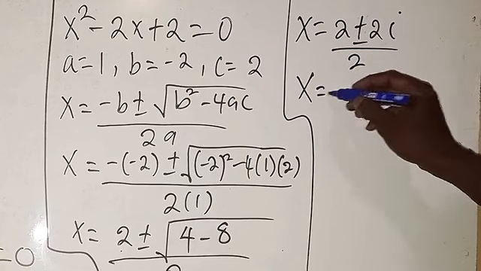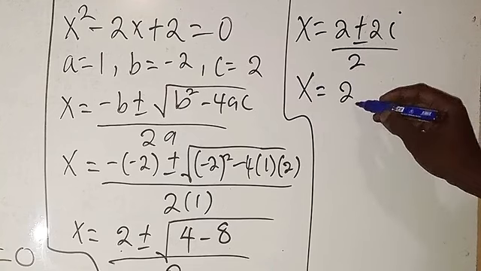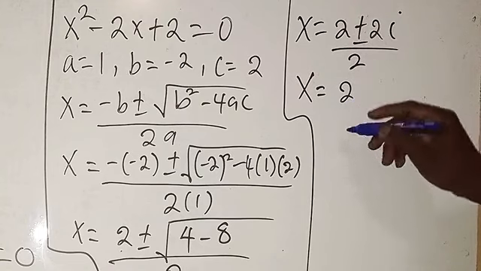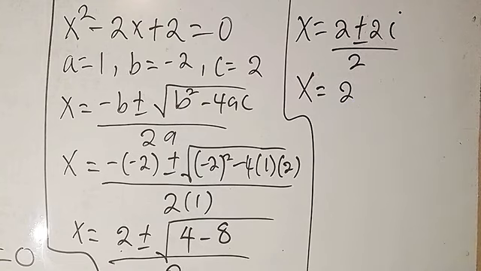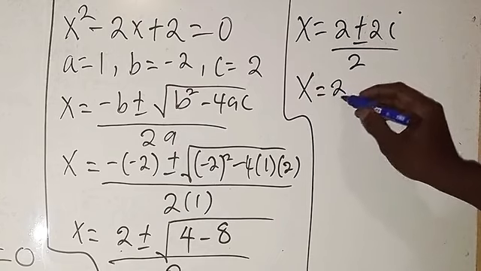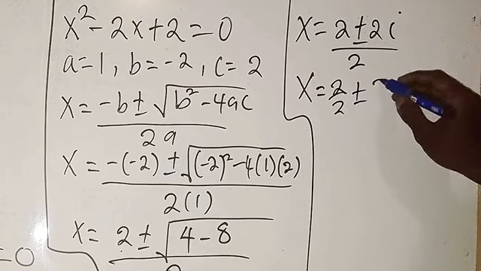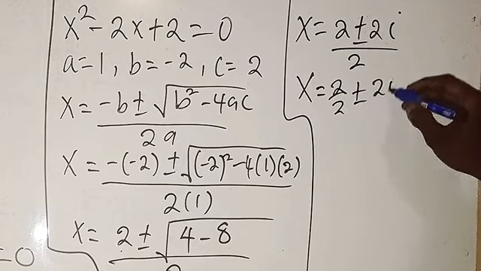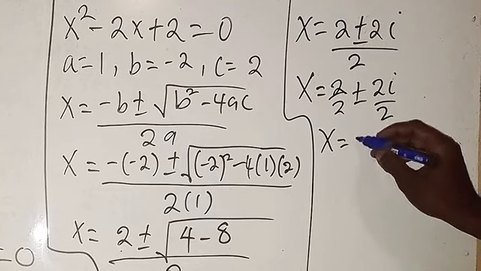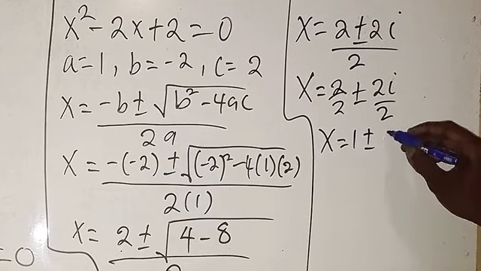So we have x to be 2 over 2. You can see 2, 2, 2 here, so it means that we can divide both numerator and denominator by 2, which is telling us that this is going to be 2 divided by 2, 2i over 2. So we have x to be 1 plus or minus i.